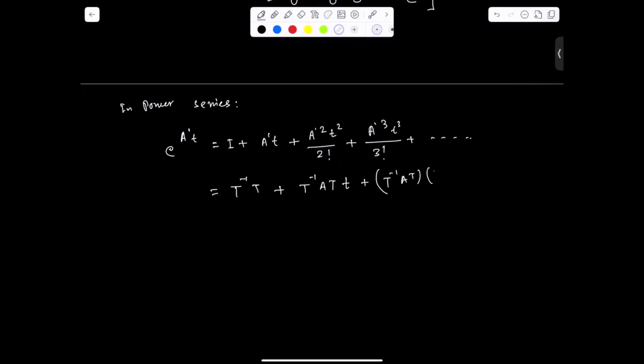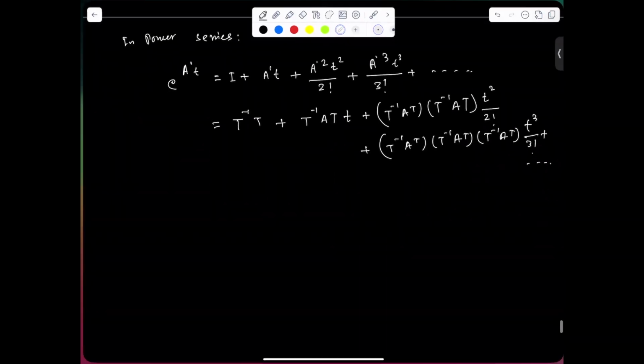I can write 2 times T inverse AT, T inverse AT t square divided by 2 factorial. Similarly, for the fourth term we can write T inverse AT, T inverse AT, T inverse AT, t cube over 3 factorial.